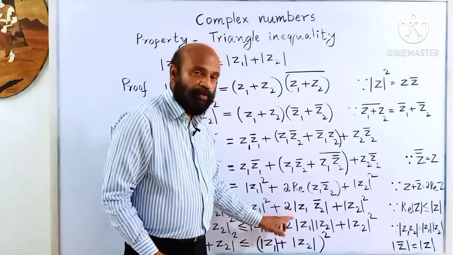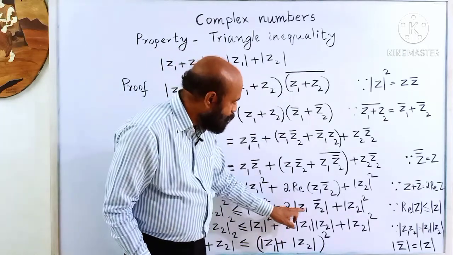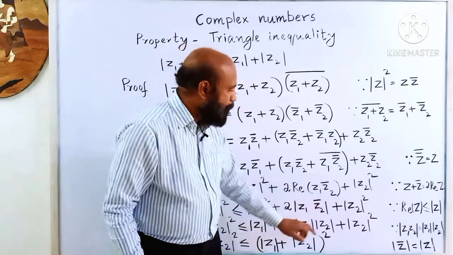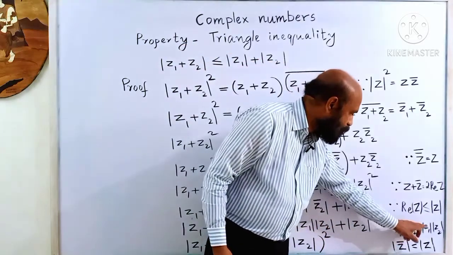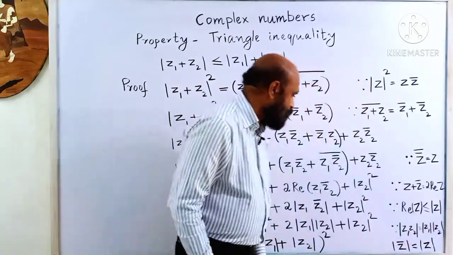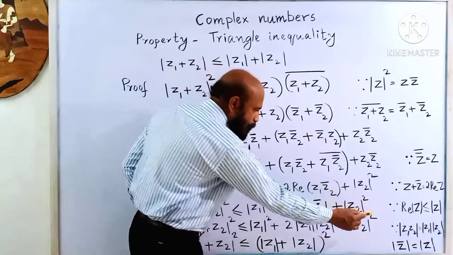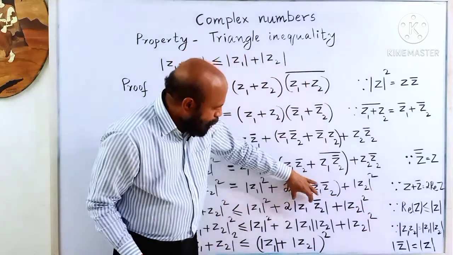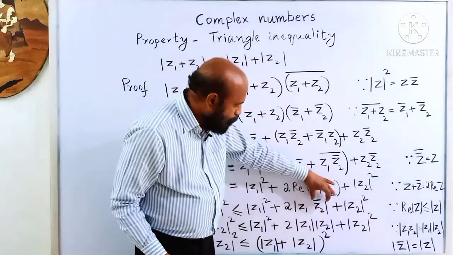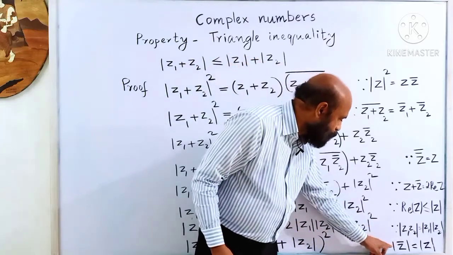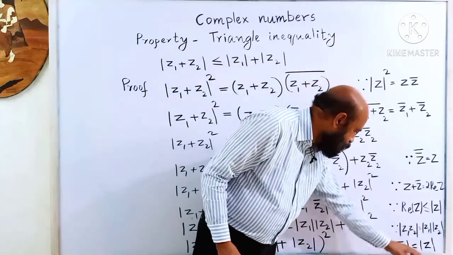Next, from this step you can write like this. Here, modulus of Z1 into Z2 conjugate, you can apply this property: modulus of Z1 into Z2 is modulus of Z1 into modulus of Z2. So you can apply this property here. Modulus of Z1 into modulus of Z2 conjugate, but modulus of Z2 conjugate is same as modulus of Z2.